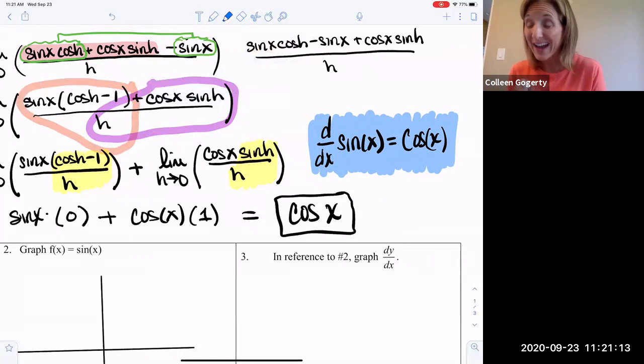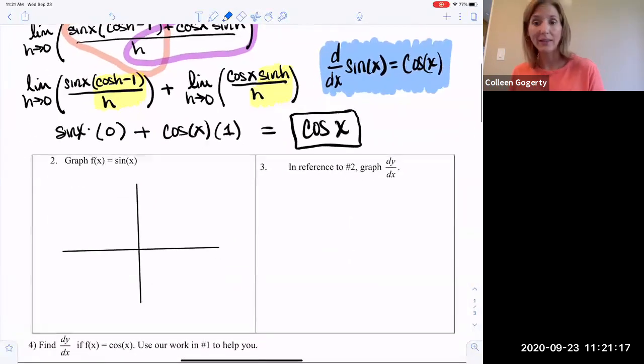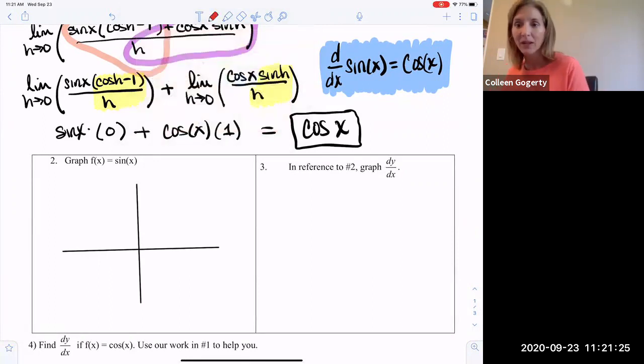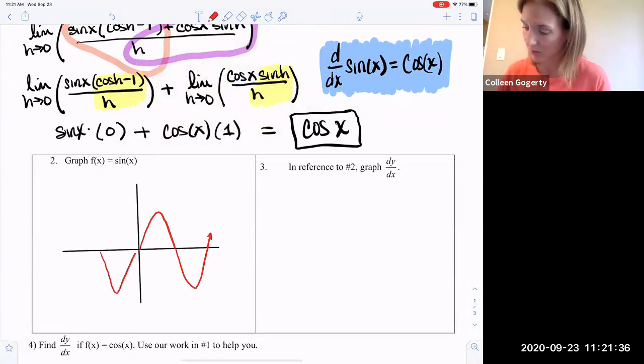Now, we have actually seen this before a little bit, when earlier in the chapter we were asked to graph sine of x. Just for memory's sake, if I asked you to graph sine, we should all be able to give a general sine wave.